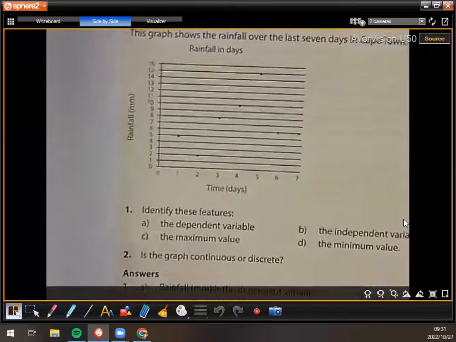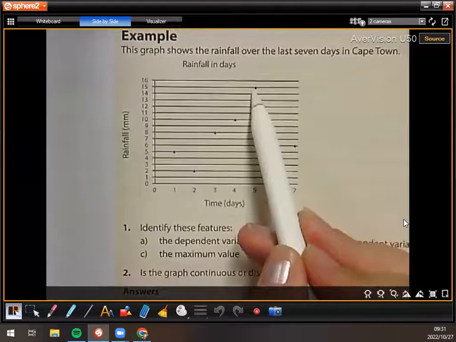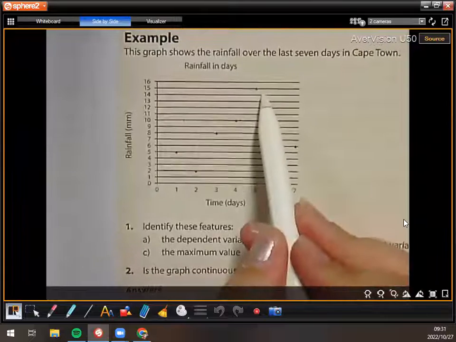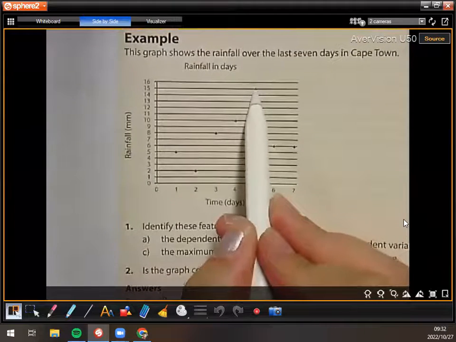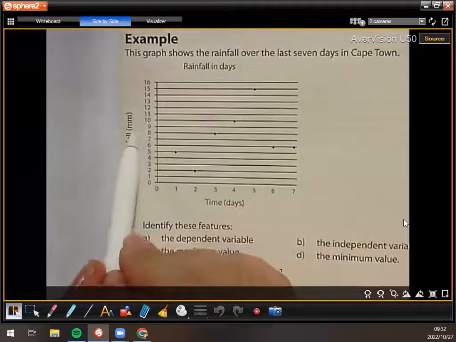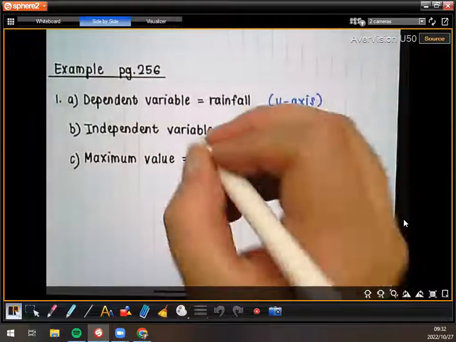Maximum value, guys, what do we think is the maximum value here? That point over there, right? The highest one is literally the maximum one, guys. It's not like a trick question. It's also the highest point. That was 15 millimeters. Okay, please don't just write 15 millimeters.